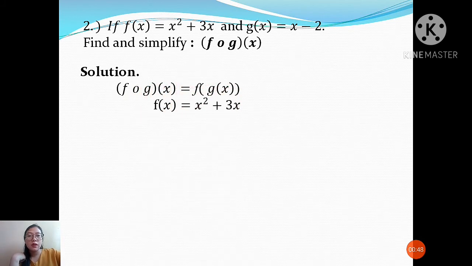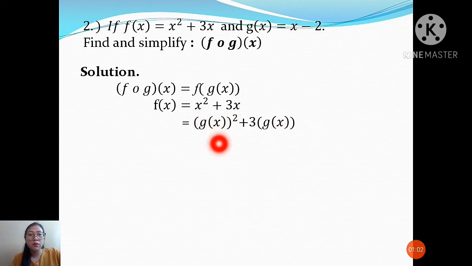We just have to write the main function, which is f of x, equal to x squared plus 3x. Now we have to put the input function, which is g of x raised to 2 plus 3 times g of x.